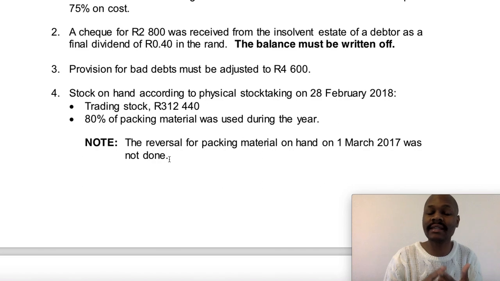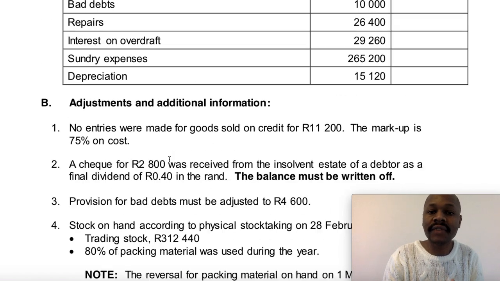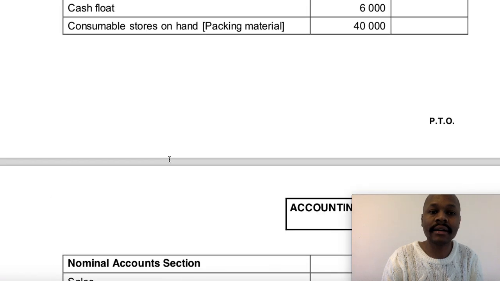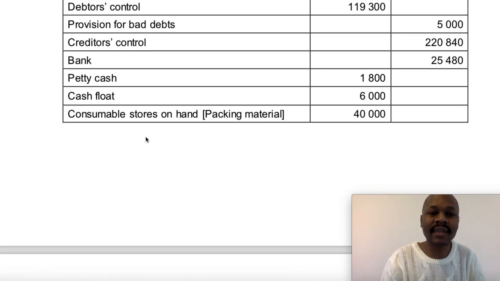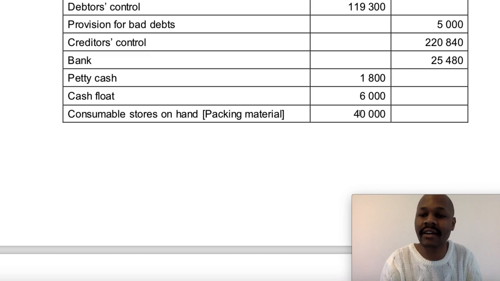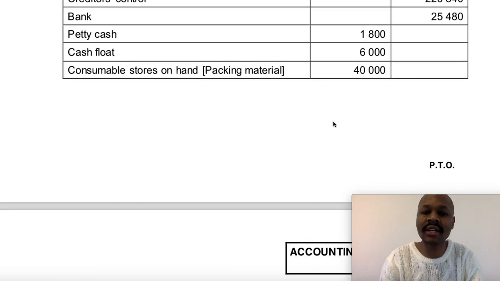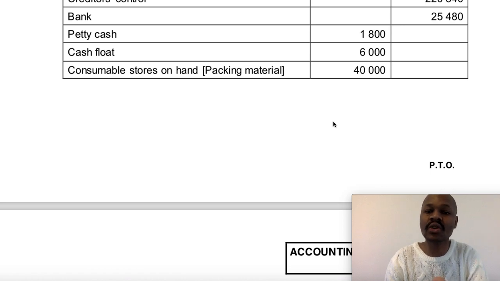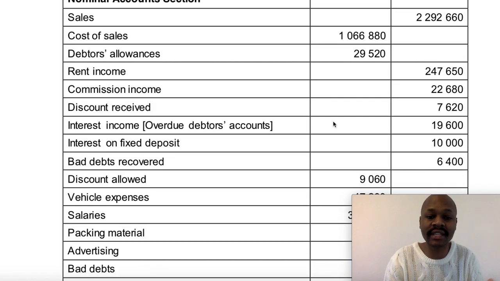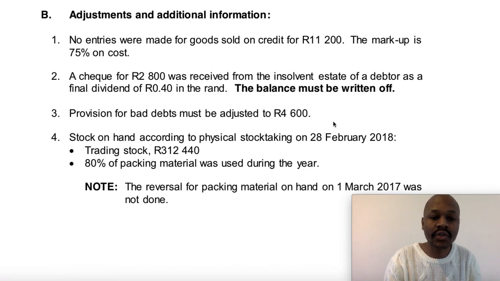So this affects the packing material figure there. We are told that the consumable stores on hand, packing material, 40,000, was not reversed. So it means this was not taken into account when we calculated our stock on hand.